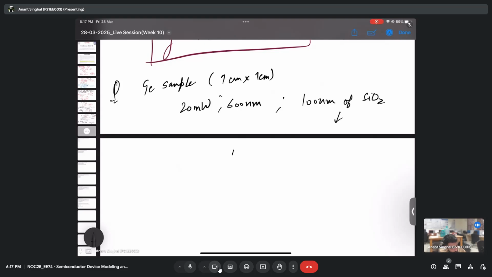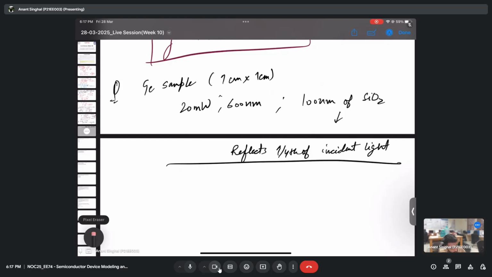This silicon dioxide reflects 1/4 of the incident light. So this is a very good question. I guess this is some GATE problem. So this is getting reflected, and from the remaining light, 1/3 of the power is reflected from the SiO2 germanium interface.